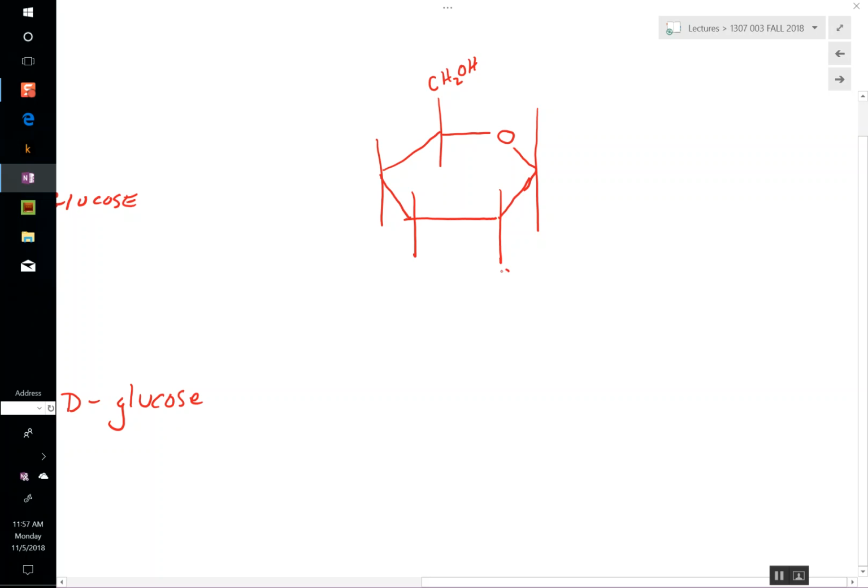And then for D-glucose, this is carbon number 1, this is 2, 3, 4, 5, and this is carbon number 6. So you're going to have an OH down below the bed of the trampoline, an OH above it, an OH below it, and a CH2OH above it.